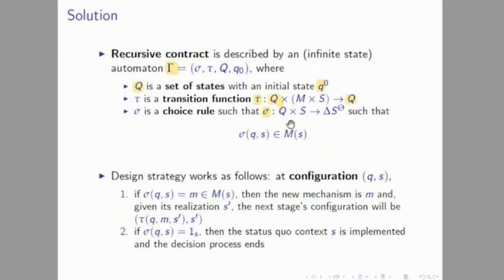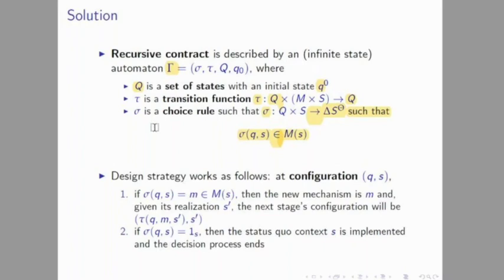It's just a mechanism which is required to be incentive feasible given the current context S. S is the context, a combination of X, the status quo outcome, and the current belief.